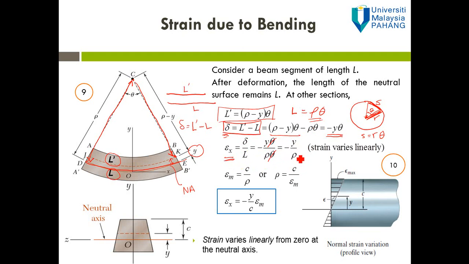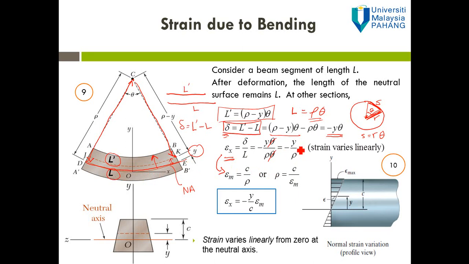For the maximum strain, we can replace y by the value of c, because c is the longest distance of the beam from the neutral axis.